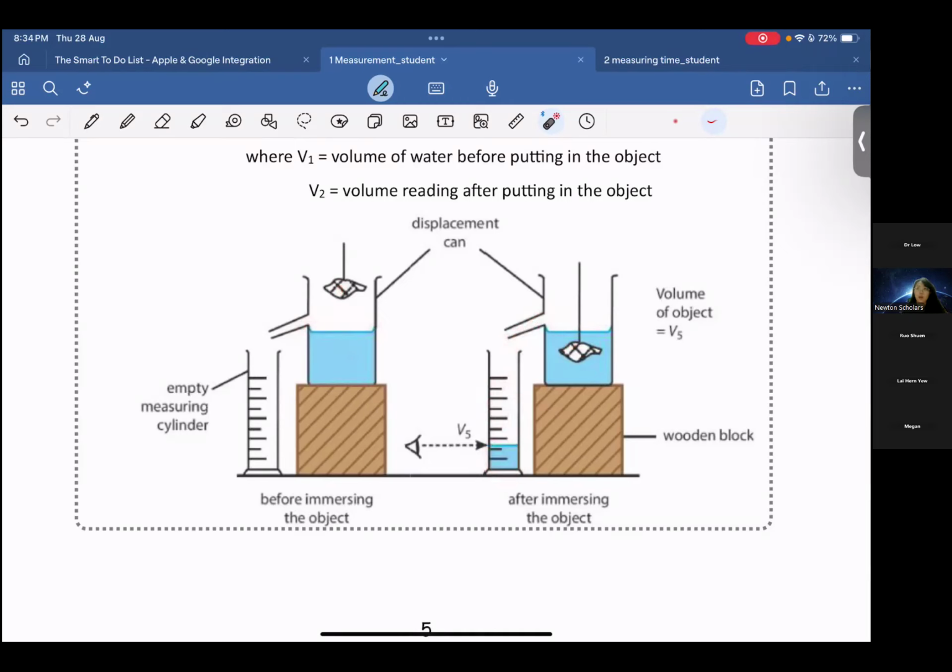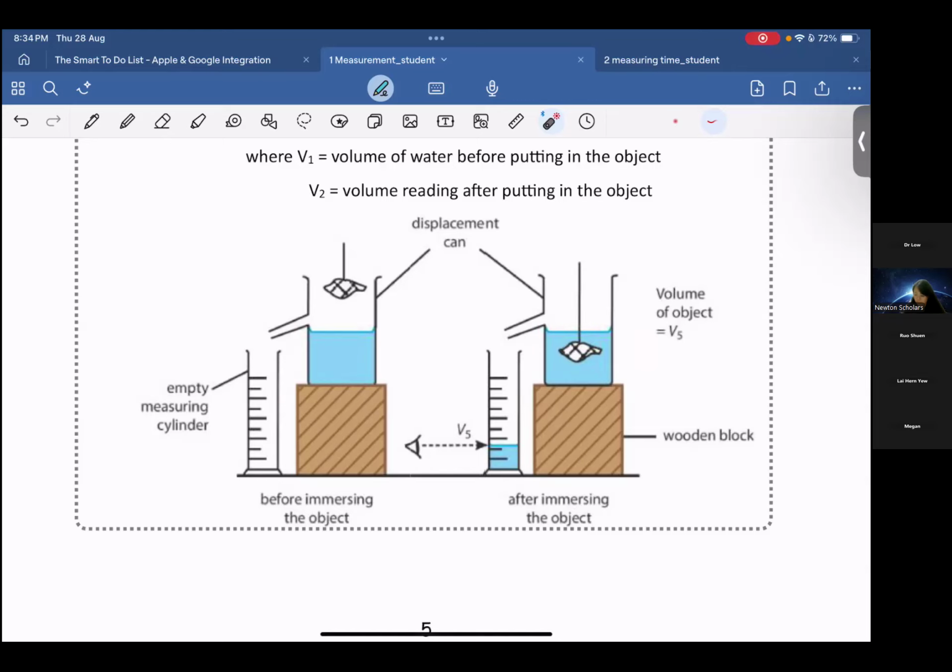That's why this method is called water displacement. The volume that comes out here, we can measure. We take the reading, measuring the volume of the water displaced out. This volume is straightly the volume of the irregular object. So volume of the object equals the volume displaced.